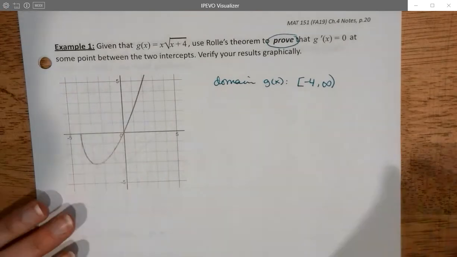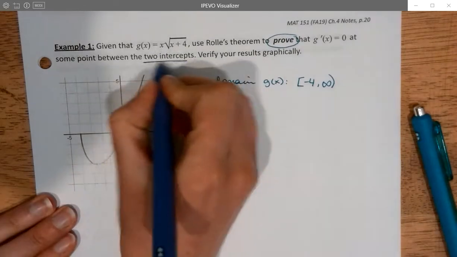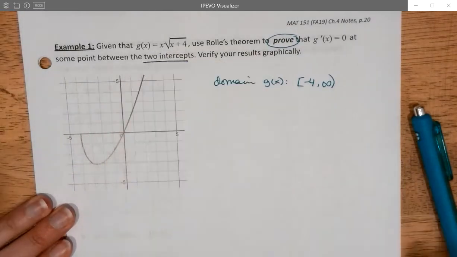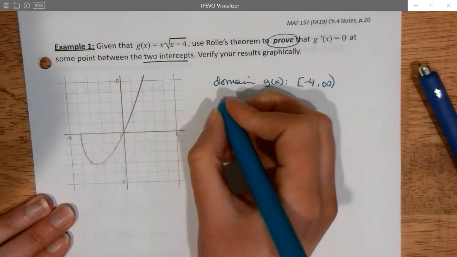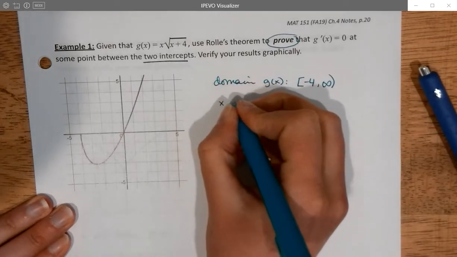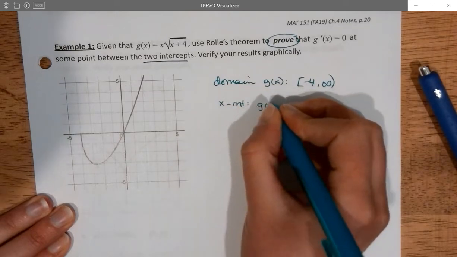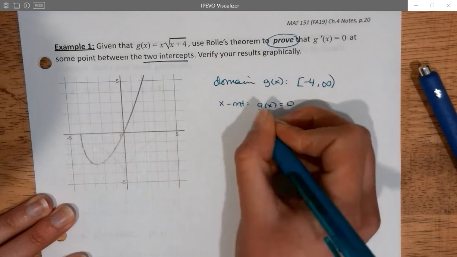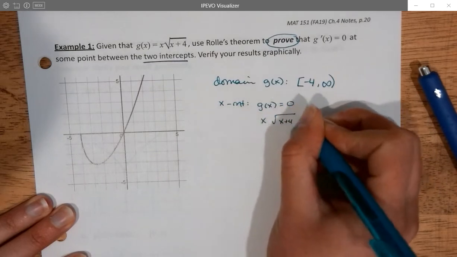Now, it does say I need a closed interval, I know that. And it does say between the two x-intercepts, so I need to find those as well. We're doing some prep work before we can do our proof. The x-intercepts are going to be places where g of x is equal to 0, and that's where x times the square root of x plus 4 equals 0.